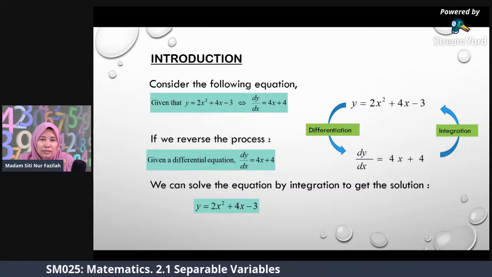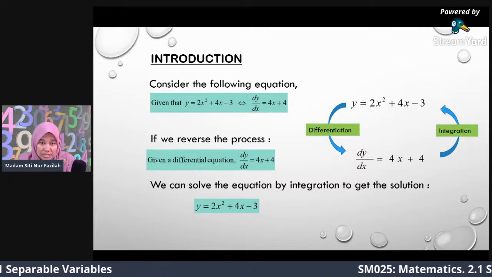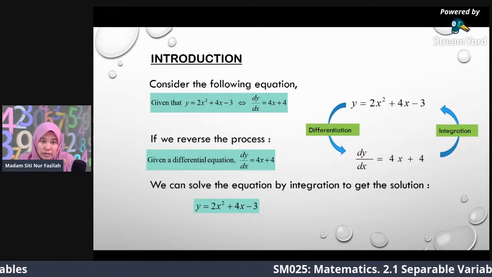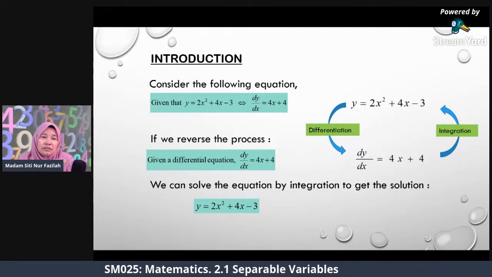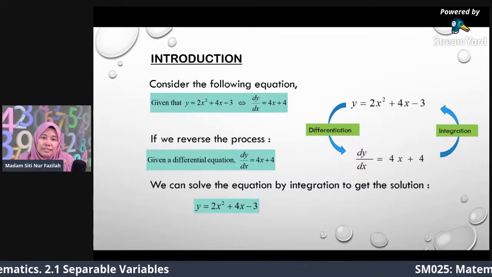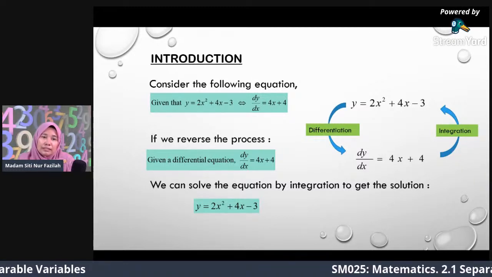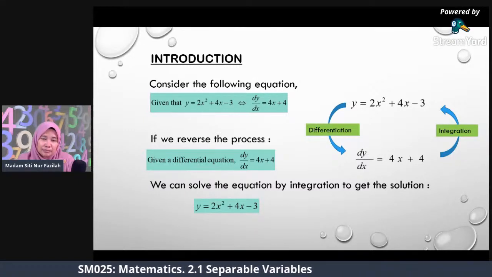If we have dy over dx equal 4x plus 4, then we can solve the equation by integration to get the solution back. The equation is y equal to 2x squared plus 4x minus 3.